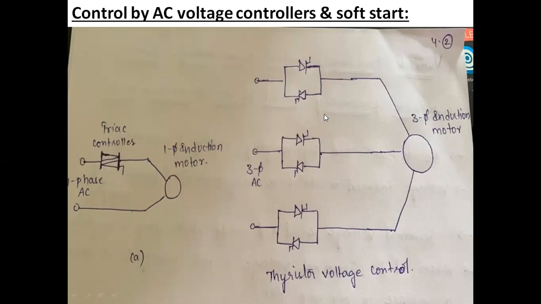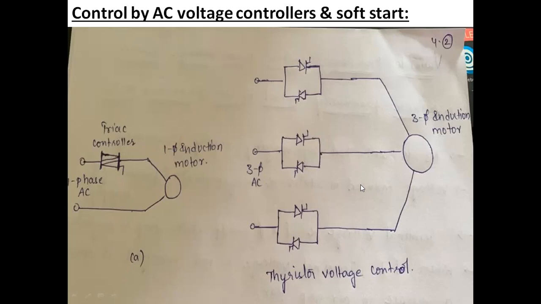If you want to change it for low power ratings, we can replace the pair of thyristors in each phase by a triac like this, and remove these anti-parallel thyristors.